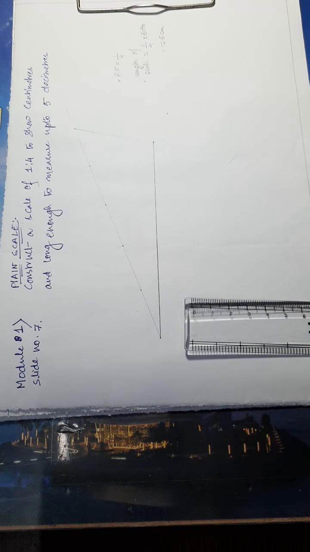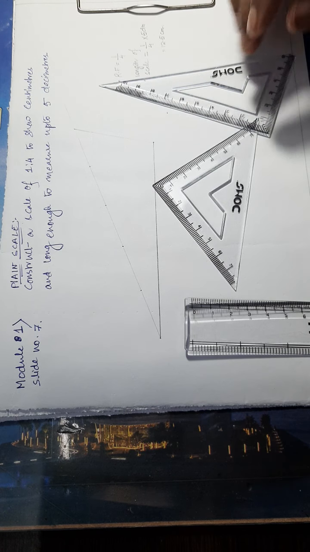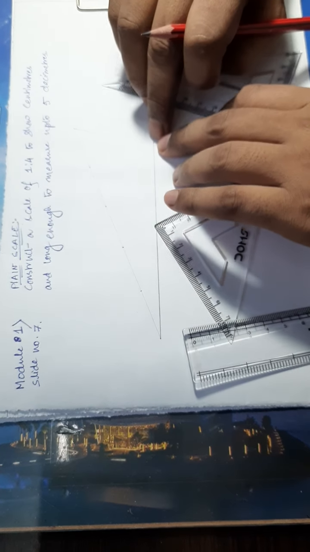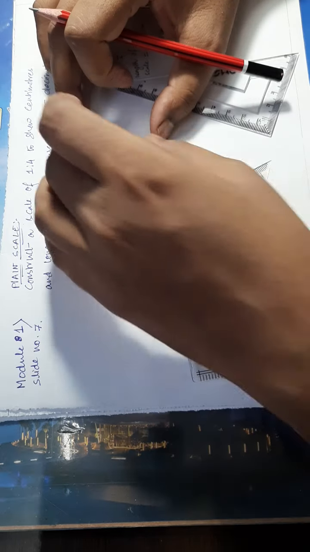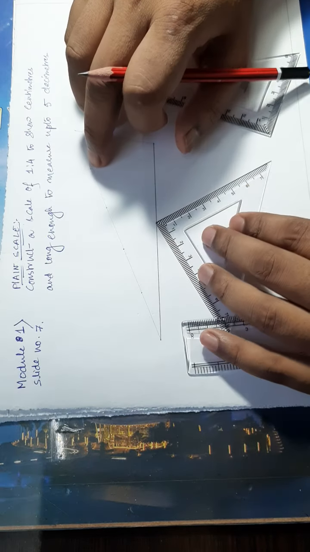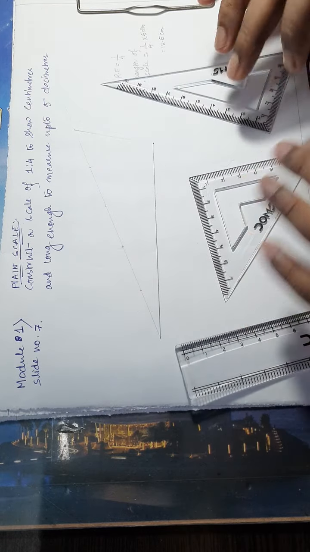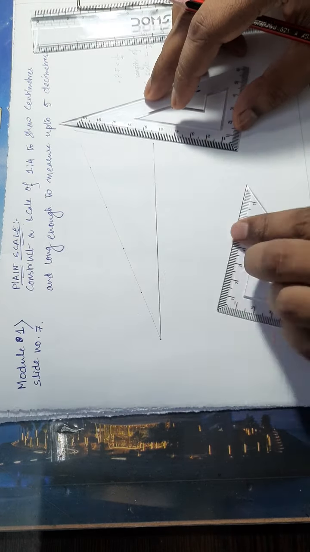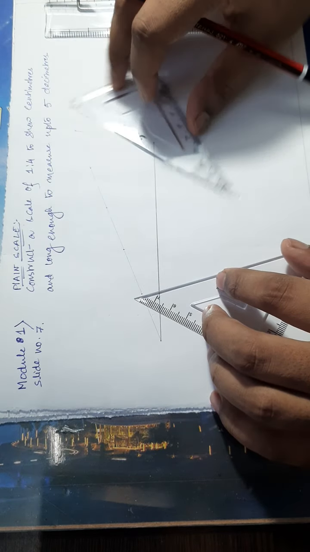Now what we'll do is, we'll take a pair of set squares, and we'll draw lines which are parallel to this line, that is the last points that we have joined, passing through all these points. In this way we can divide this line into 5 equal parts. There are several ways of doing that.